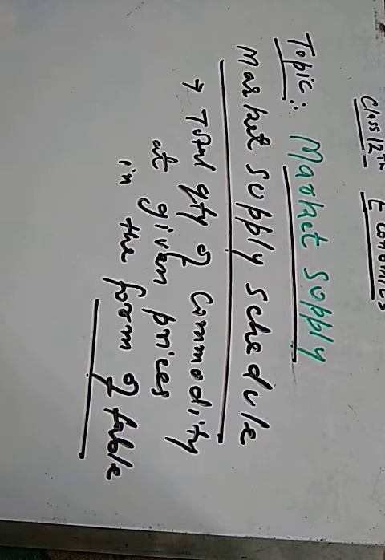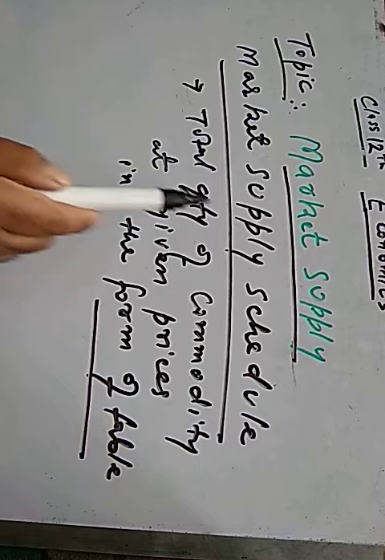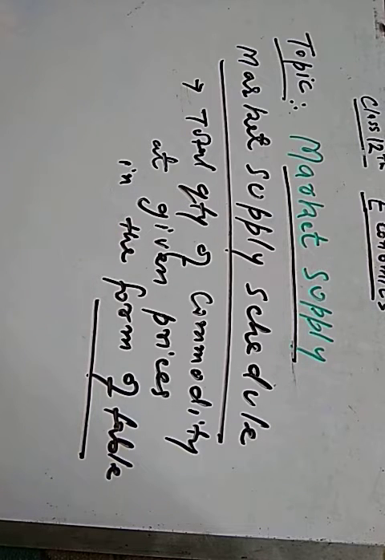जब हम different quantity of a commodity at different prices को हम टेबल की सूरत में दिखाते हैं तो उसको हम कहते हैं मार्केट सप्लाई शेड्यूल। Now we will take some example to show market supply schedule.